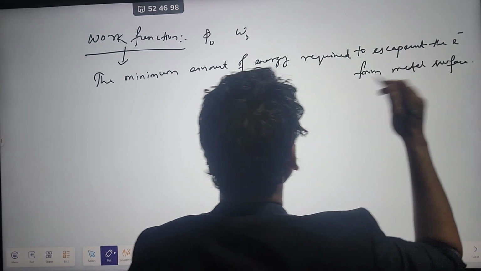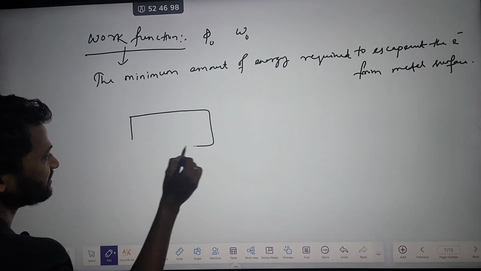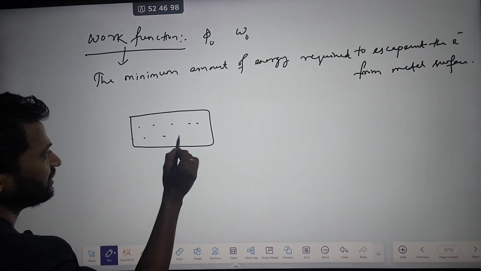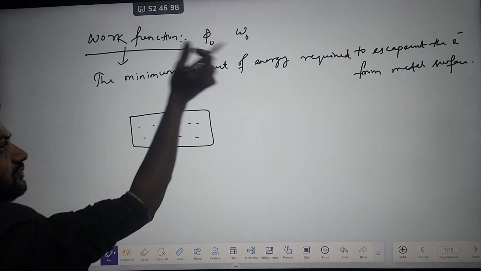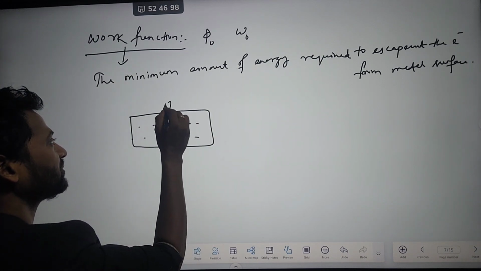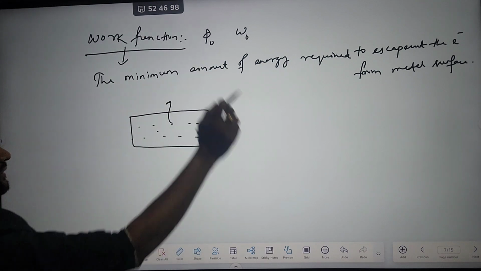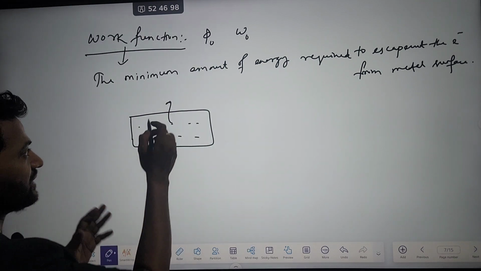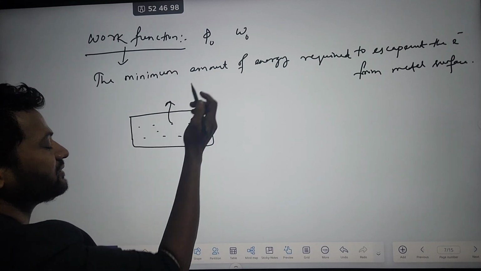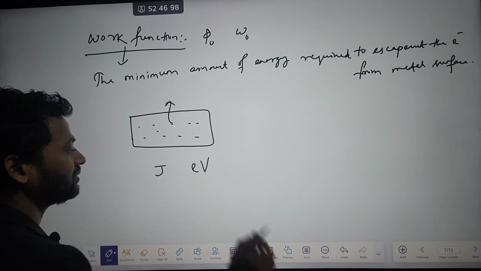A work function varies from metal to metal. Let this be a metal and these are the electrons. A minimum energy is required from external sources to escape out this electron. This is called work function. So what is the unit of work function? As I have told, energy is required. The unit of energy is joule, but actually its unit is electron volt.